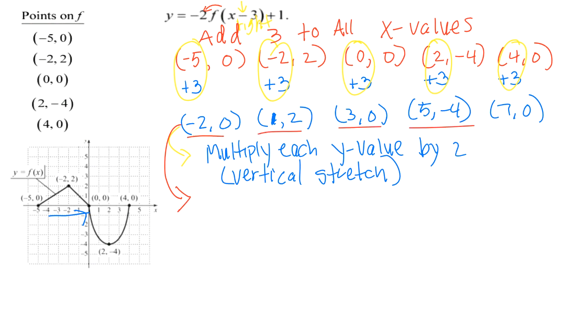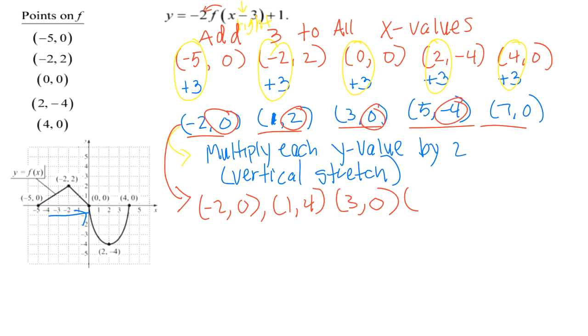Now I need to multiply these points, the y's, by 2. So I multiply 0 by 2, I get 0. 2 times 2, I get 4. 0 times 2 is 0. 2 times -4 is -8. And then 2 times 0 is 0.